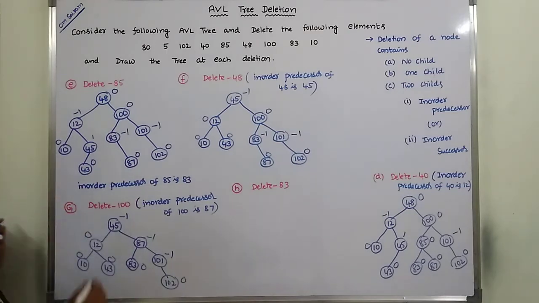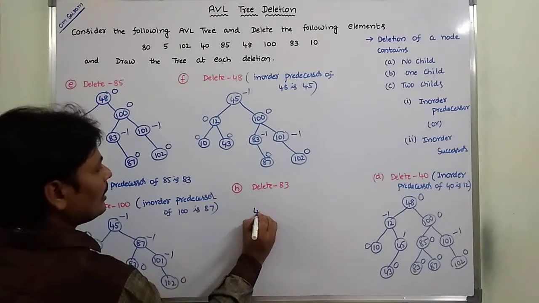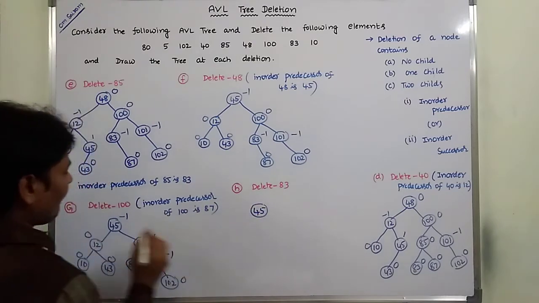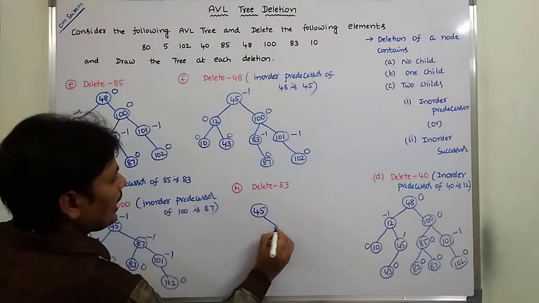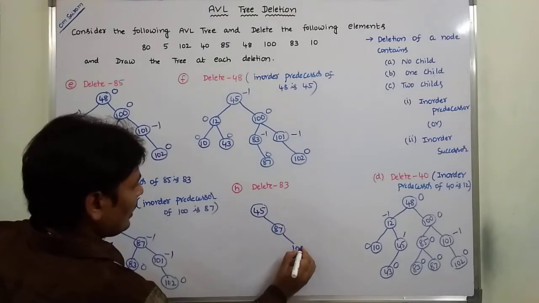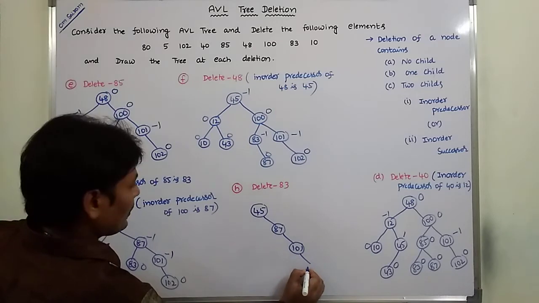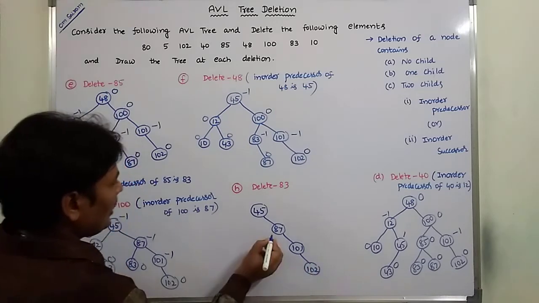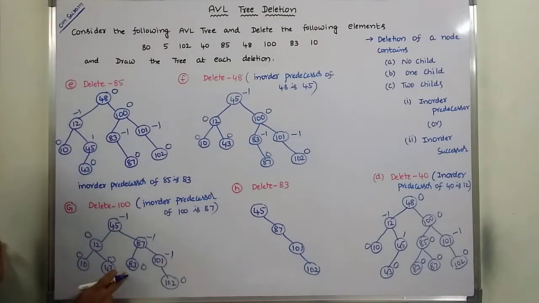So after deleting node 83, the root node is 45 and its right subtree is 87, whose right child is 101, and 101's right child is 102. Here 87's left child is 83.